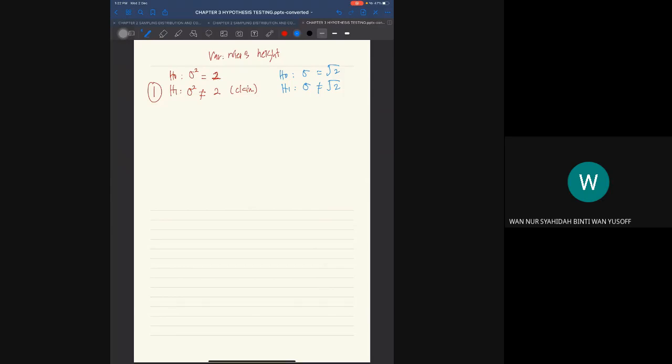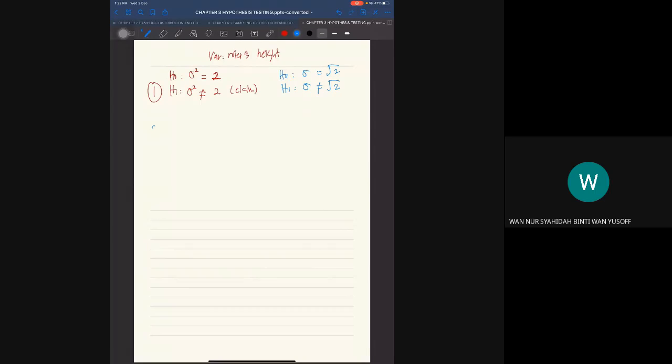But because you are given the variance, then just use the variance. If you are given the standard deviation, then use the standard deviation, which is sigma. If you use sigma here, automatically the sigma naught square here must be converted into sigma.